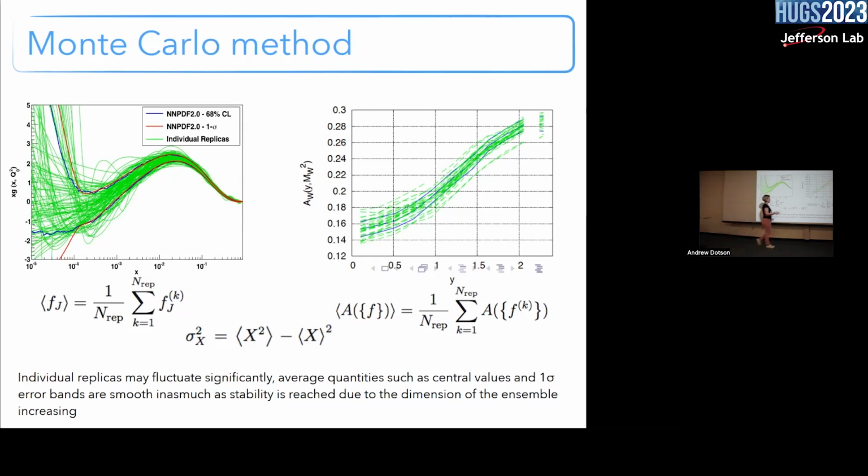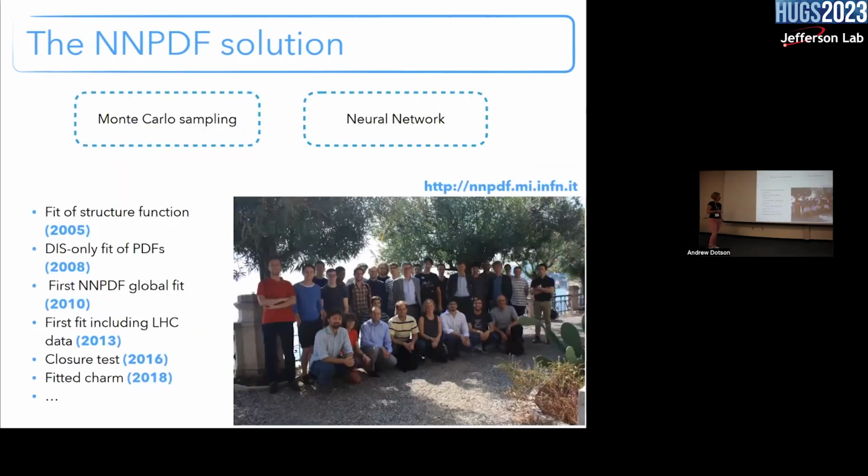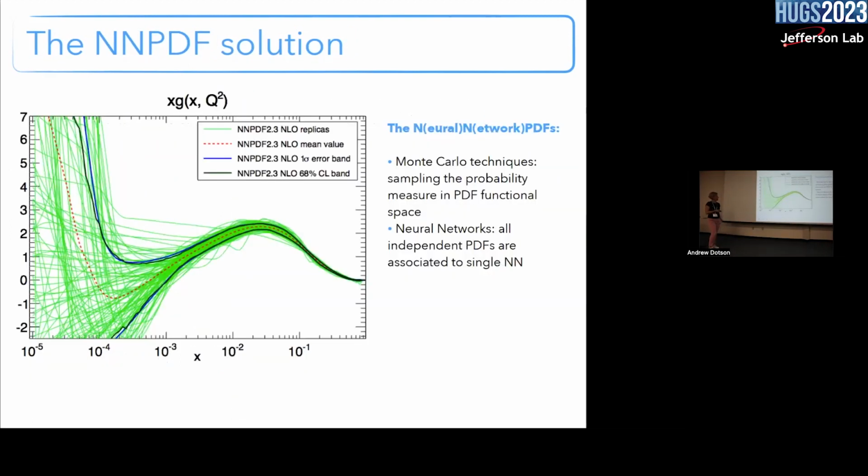You calculate, for example, the W asymmetry on each of the replicas that I give you and you take the average, okay? Or you take the 1 sigma contour in the space. So these are the two alternative methods that people can use in order to propagate the uncertainty. And that's the NNPDF collaboration. Exactly, so this is putting together the two things.